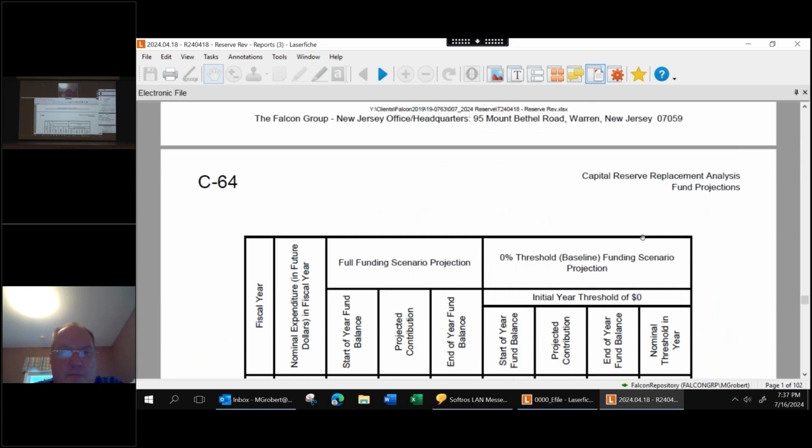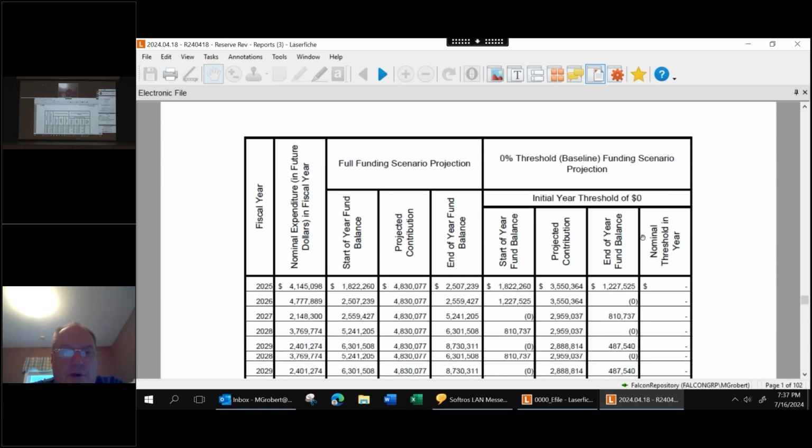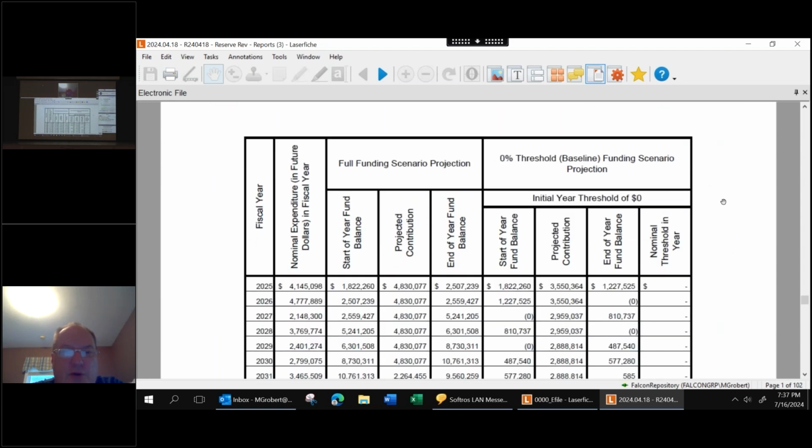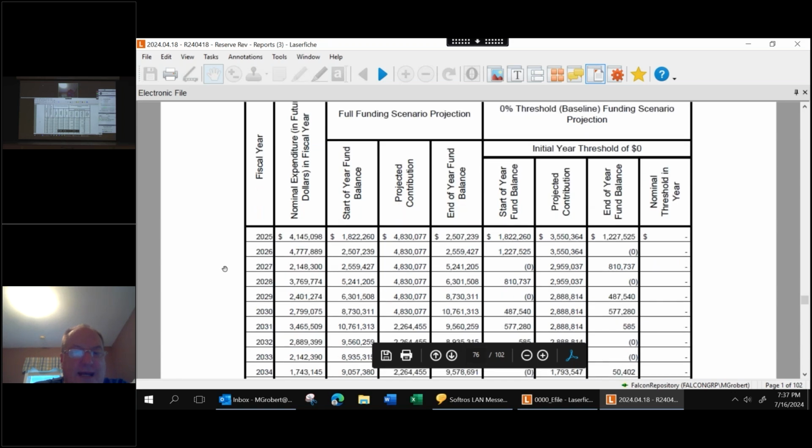Page 64 shows your full funding scenario, which I went over, which is very conservative. The first 7 years is the 4.8 million, and then it drops down to 2.2 million in 2031. And that's because you have roofs and a number of roads that are scheduled to be done in the next 7 years.